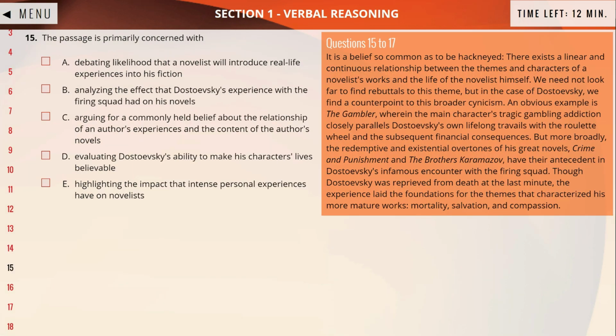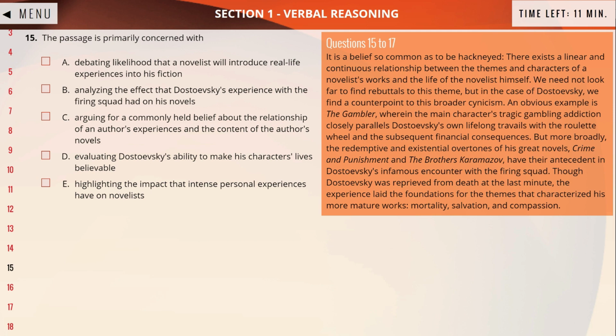It is a belief so common as to be hackneyed, cliched. There exists a linear and continuous relationship between the themes and characters of a novelist's work and the life of the novelist himself. Cool. We need not look far to find rebuttals to this theme. Okay, so in some novels, there is no link to the life of the novelist himself. But in the case of Dostoevsky, we find a counterpoint to this broader cynicism.